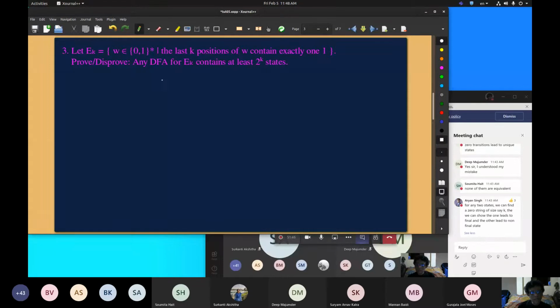So once again, the idea is similar. If I can remember the last k symbols straight from the input, then definitely I am done. But is that necessary?